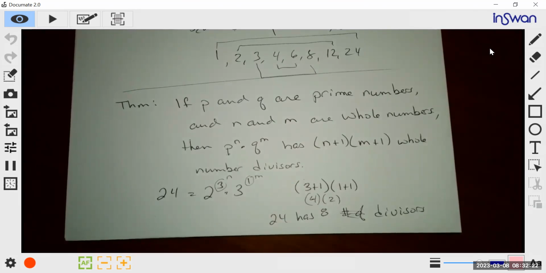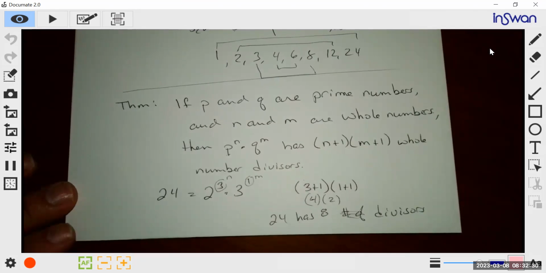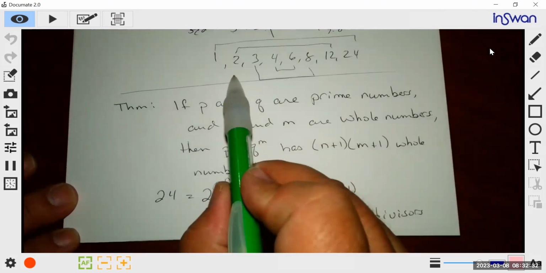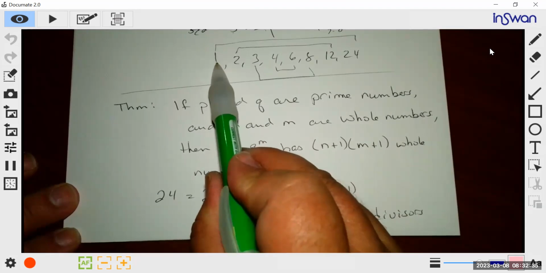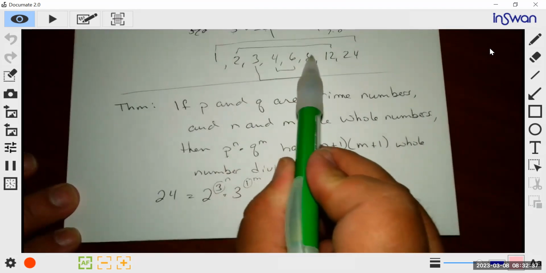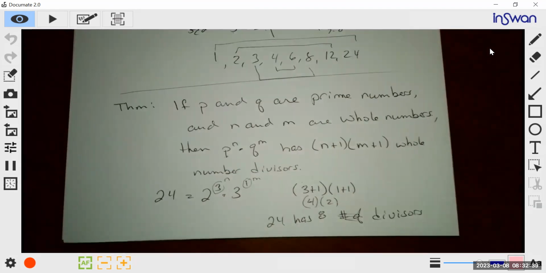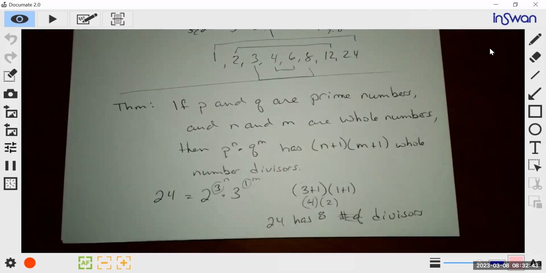The number 24 has 8 unique divisors. And we proved it already up here. 1, 2, 3, 4, 5, 6, 7, 8. That's what it tells us. So we know how many we're going to have. That's what that theorem tells us.